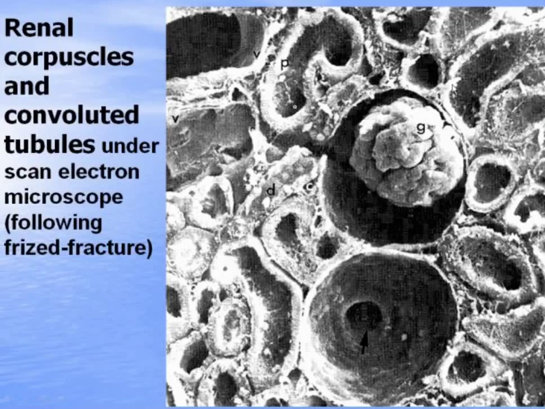This is a renal corpuscle and convoluted tubules around. In this corpuscle you see the capsule lumen, urinary space, and glomerulus. In this one there is no glomerulus, and the entrance to the renal tubule became visible.